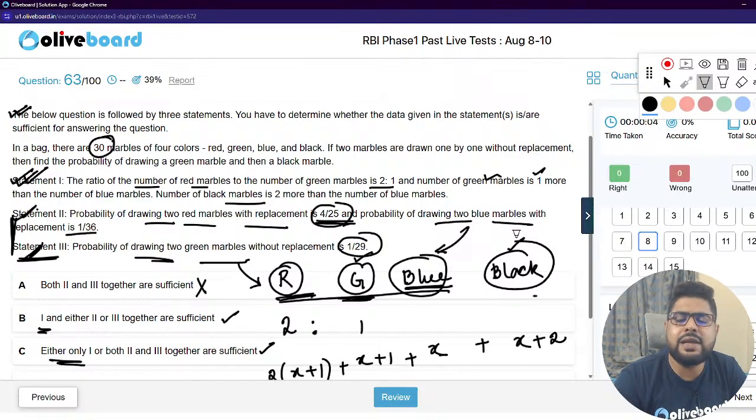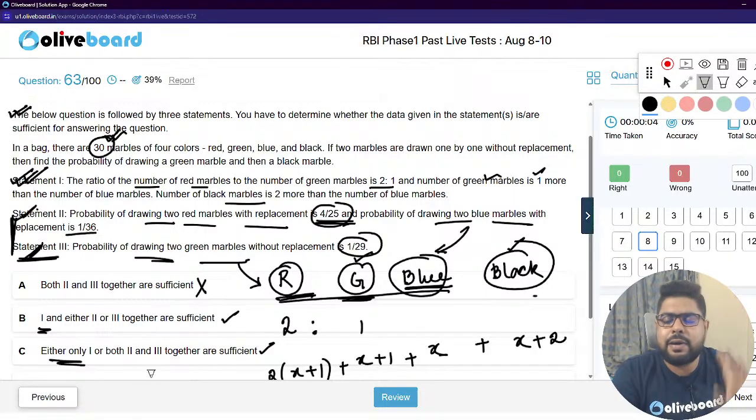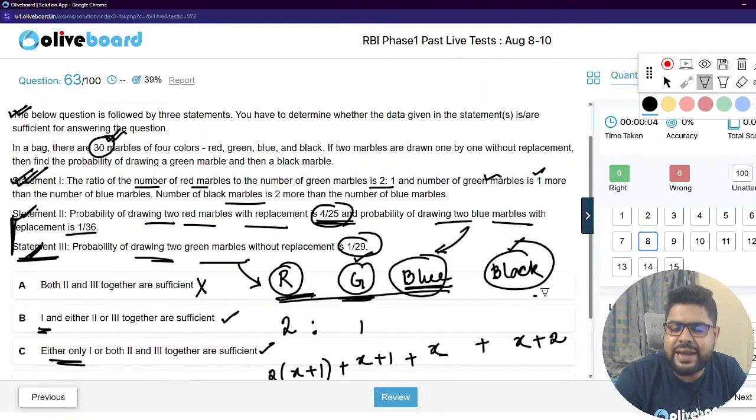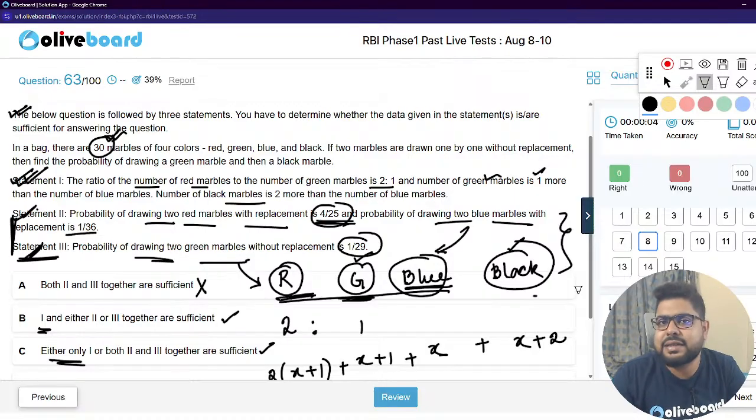So automatically I now know black as well, because I know the total is 30. That is given in the beginning. So automatically I know all 4, and that is exactly what I need. So if I take 2 and 3 together, I can answer as well.